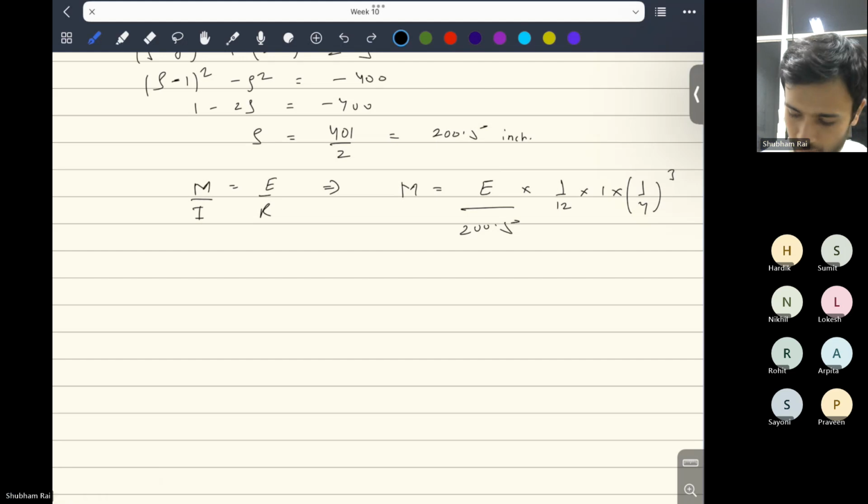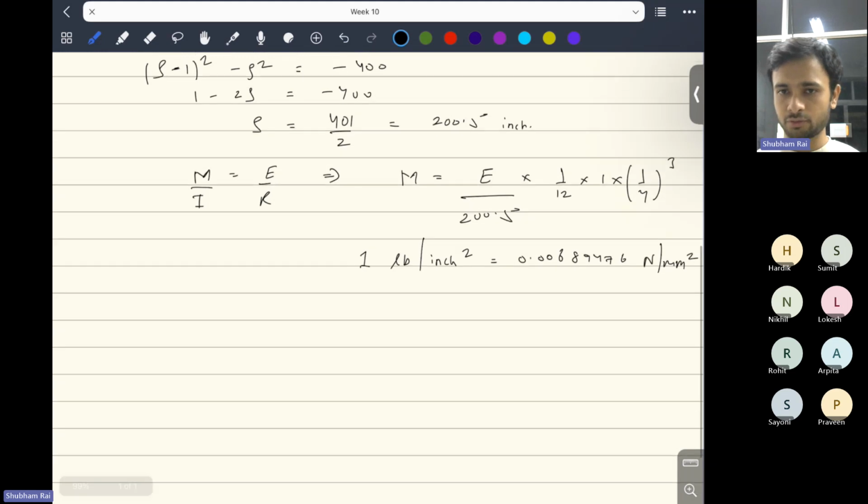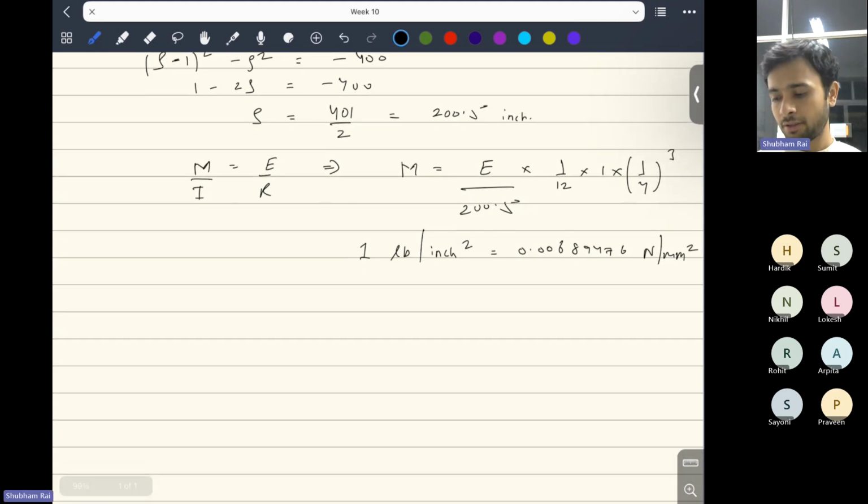So 1 pound per inch square is equal to 0.00689476 Newton per mm square. Okay. So from here you can convert Newton per meter square into pounds per inch square from this formula.